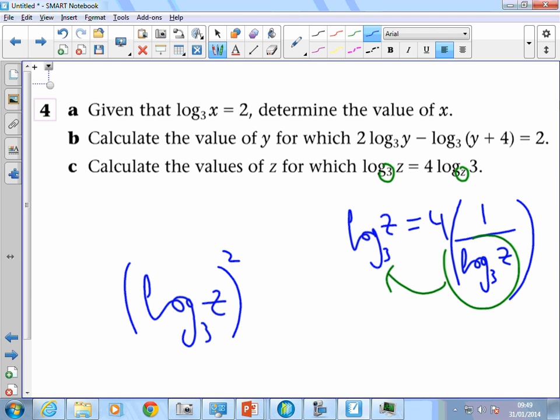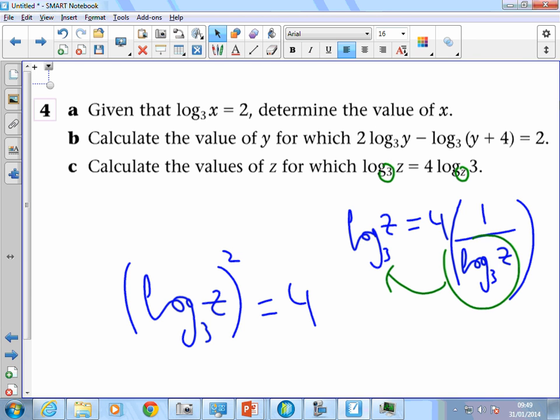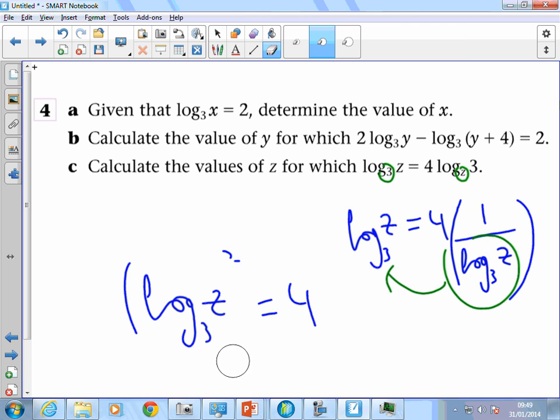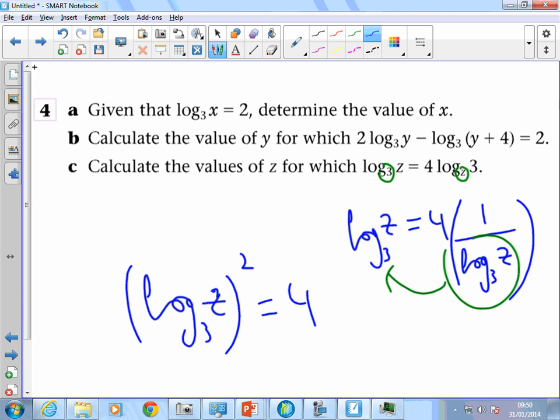I'm squaring the whole thing, and that is equal to 4. A common mistake would be to say that's log with base 3 of z squared, just the z part, like that. That would be the mistake. I'm just multiplying, like I'm multiplying anything else. When I times something by itself, I'm squaring it. So I just write log with base 3 of z all squared is equal to 4.